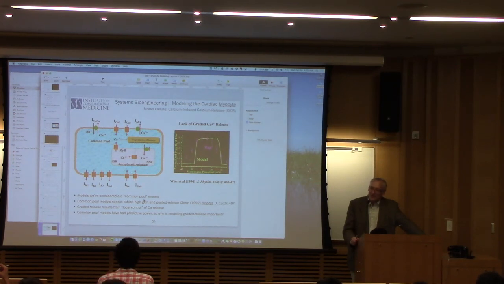So the kinds of models that we worked with early on were called common pool models. And this is what that means.